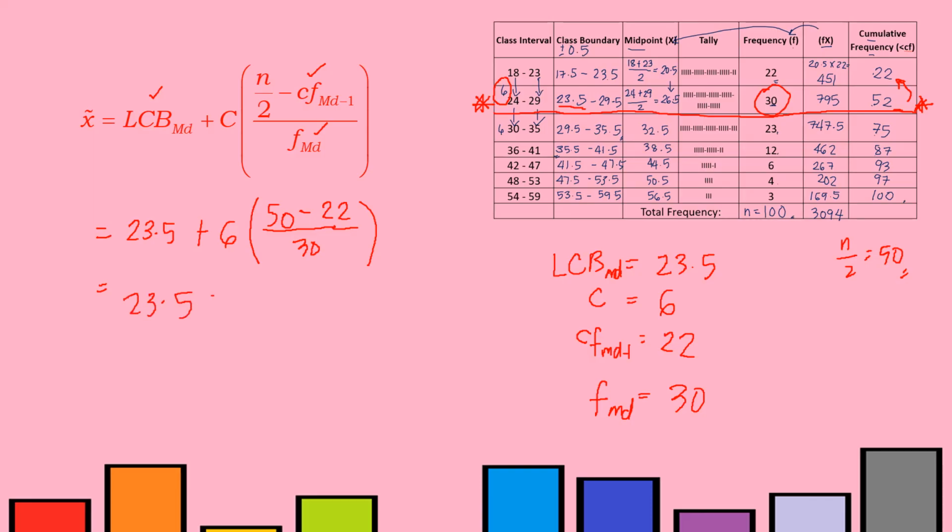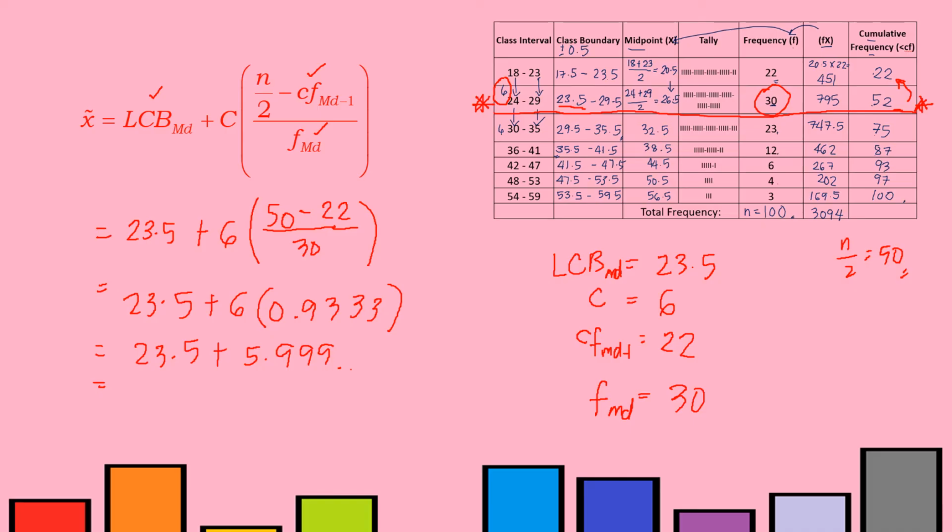Then, 28 divided by 30 is about 0.93. Yan, 0.9333 and so on. Then, let's try to multiply it to 6. The answer is 5.999 and so on.